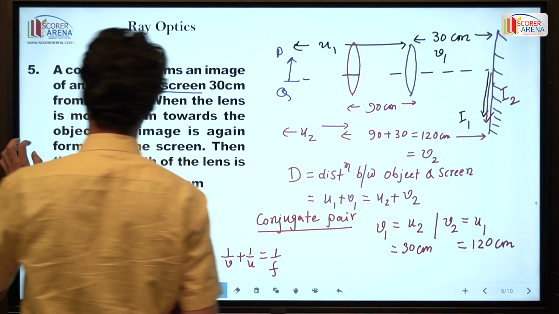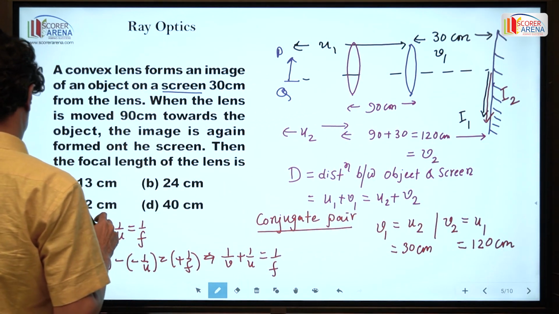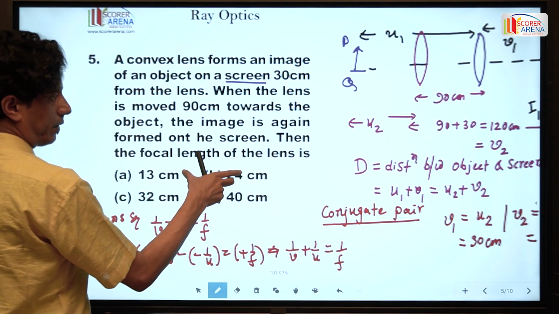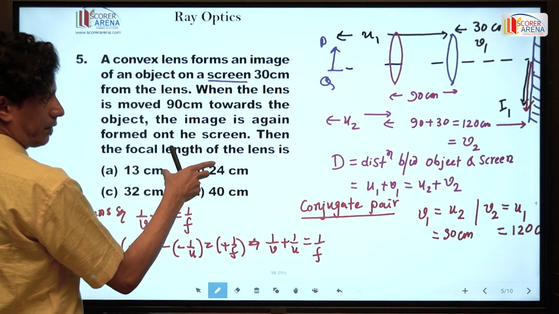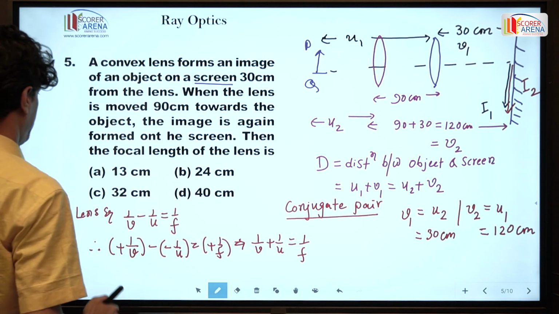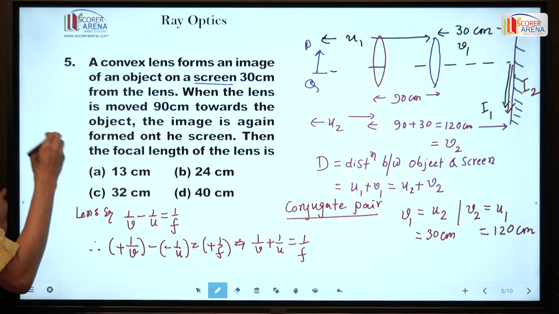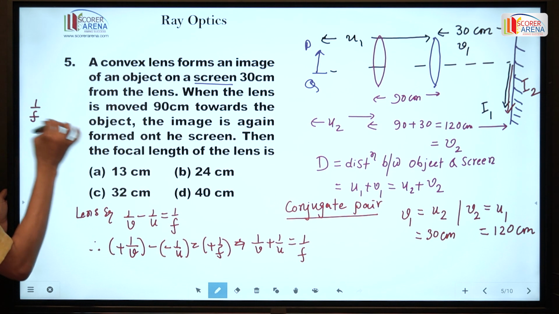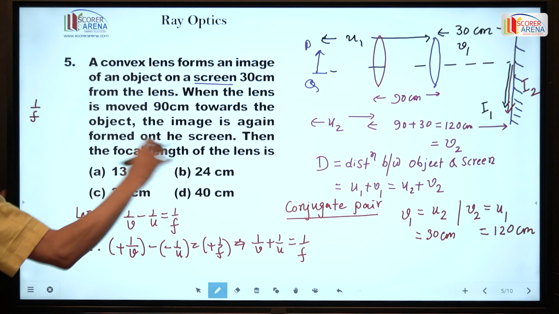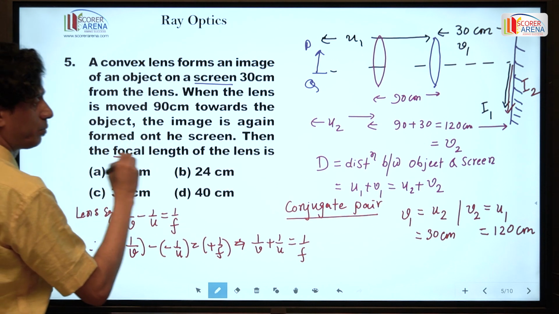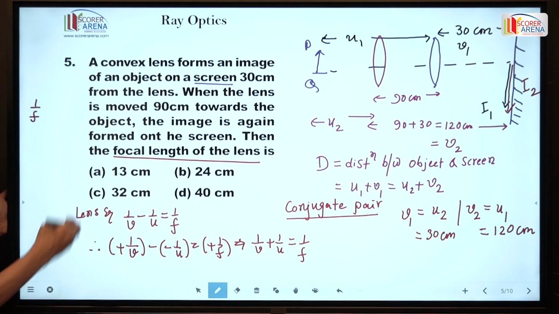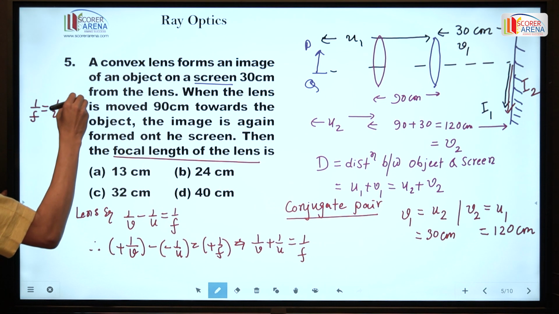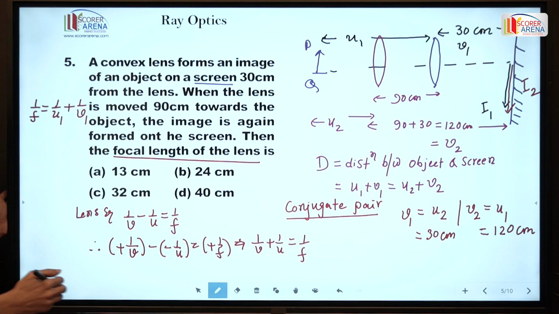Here, if we take 1 by F, you have to find out the focal length of the lens. 1 by F is equal to 1 by U1 plus 1 by V1.